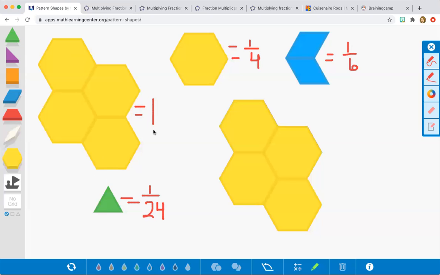Well, what I want you to do is think about how you can think about cutting this whole shape equally into 6 equal parts. And you might be like, I still don't really know how to do that or what that would look like. So what we can do is literally divide this up.